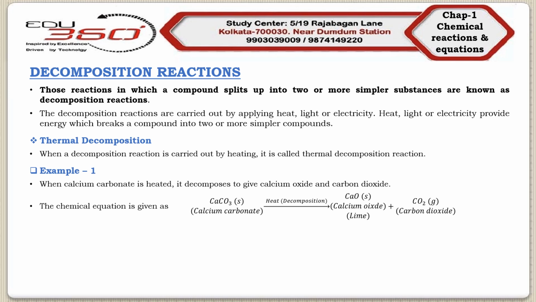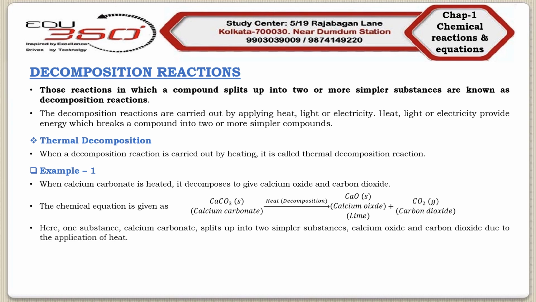that is, it is a decomposition reaction and the products are CaO + CO2. Now CaCO3, which is calcium carbonate, is a solid substance. CaO is calcium oxide, which is lime, also a solid substance, but CO2 is carbon dioxide, which is a gas. So in this reaction we can say that one substance, calcium carbonate, splits up into two simpler substances, which are calcium oxide and carbon dioxide, by the application of heat.